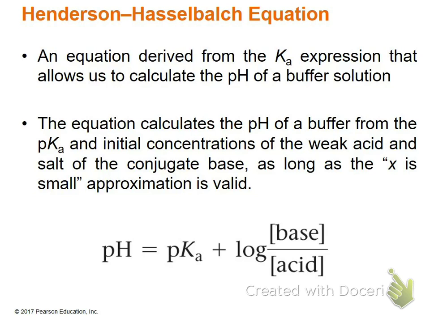So notice that in this statement it says initial concentrations. Normally, when you perform the ice table, we use the concentrations at equilibrium. But if you look at the previous example, the equilibrium concentration is essentially equivalent to the initial concentration because we use the x's small approximation. Right? We use the approximation method, which allowed us to basically drop the x.